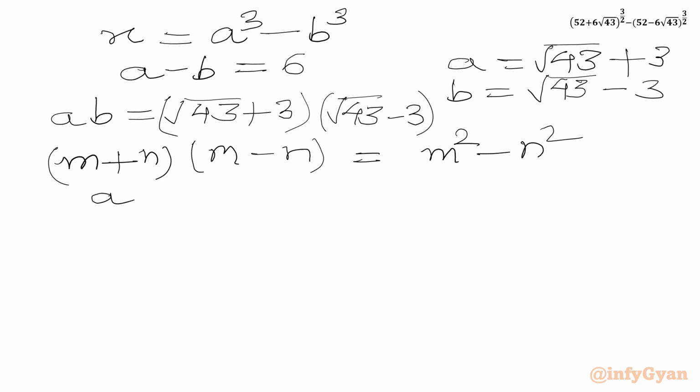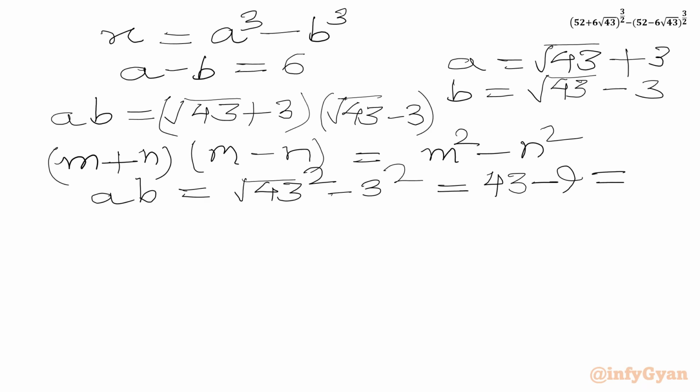So I can write here ab equal to (√43) whole square minus 3 whole square, which will be equal to 43 minus 9. Value will be equal to 34. Now ab is 34.